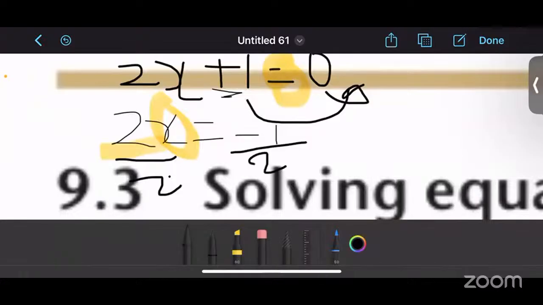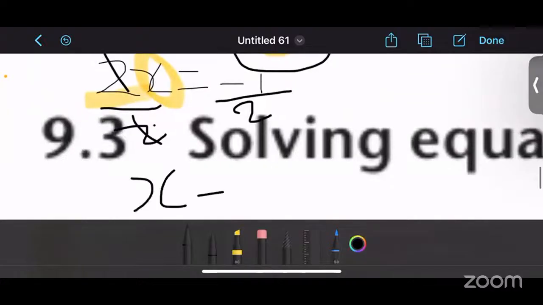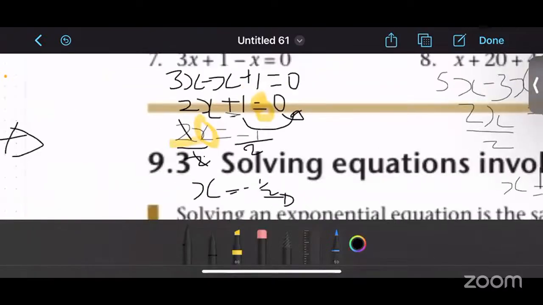Whatever you do on the left, you do on the right. Divided by 2, divided by 2. Then this 2 cancels, and we are left with x is equal to negative 1 over 2. And this should be our final answer.